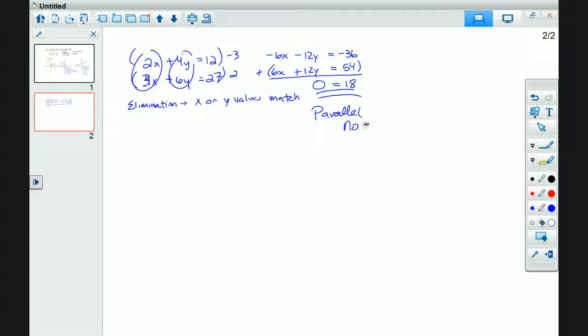No solution. So that's the algebra elimination method to do it. You okay with that? Okay. Let's do one more, and then I'll let you loose.